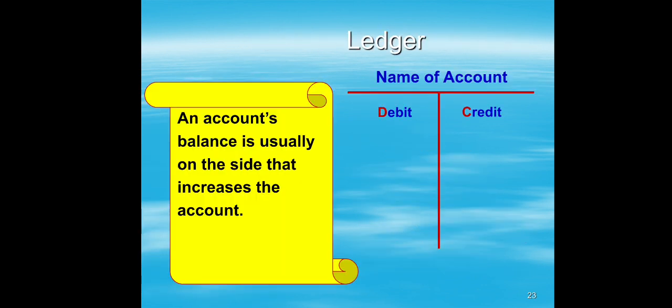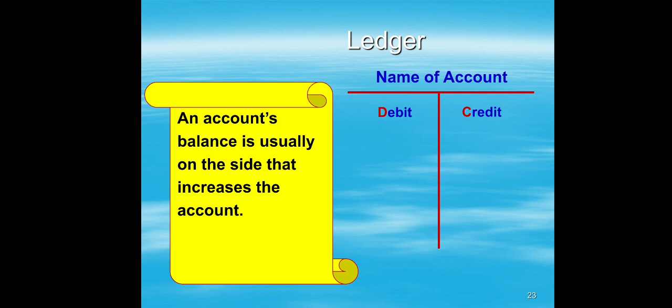Okay, so for step number 3, remember I told you that in step number 2, you have to record the transactions in the journal every day when the transaction happens. At the end of the year, you stop, and then you transfer all the journal entries into the ledger.